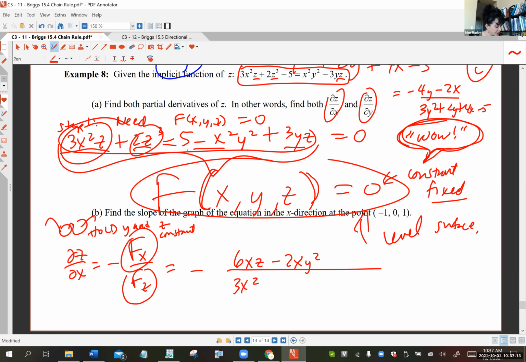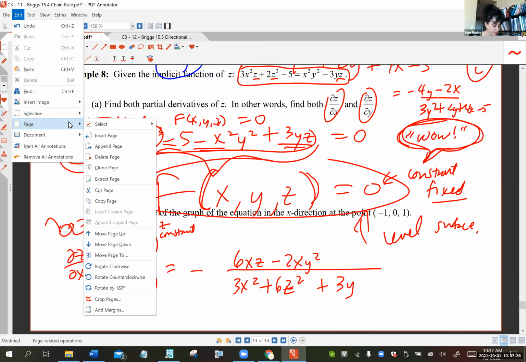Plus 2z cubed's derivative with respect to z: 6z squared. The minus 5 goes to 0. The minus x squared y squared goes to 0 because you're differentiating with respect to z. Derivative of 3yz with respect to z, 3y. And there you go. There's your dz/dx for that function. Yay! And it gives you a slope.